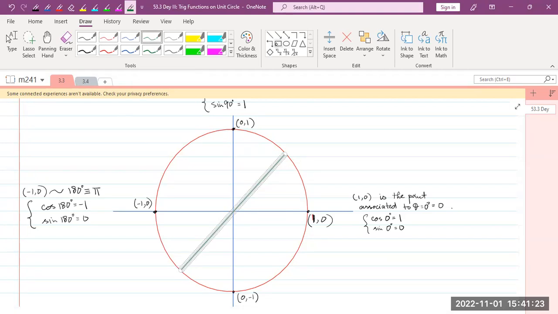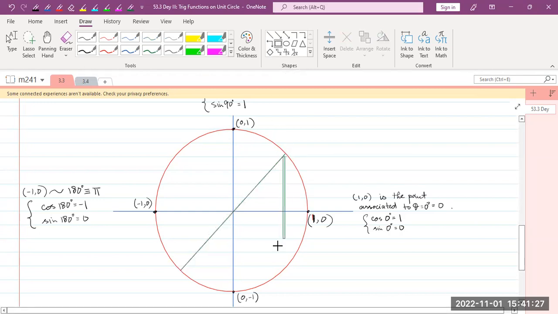You will see that it should be in this box.